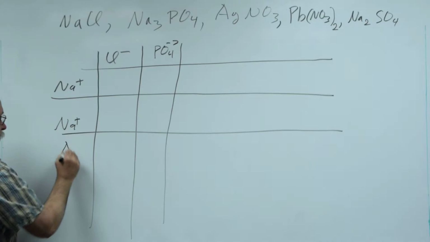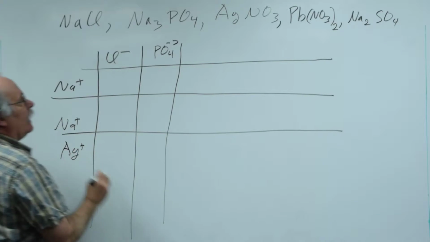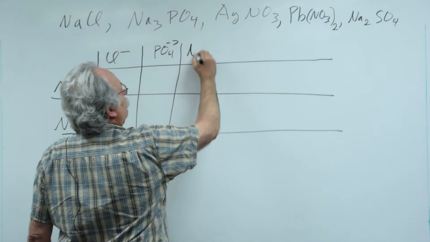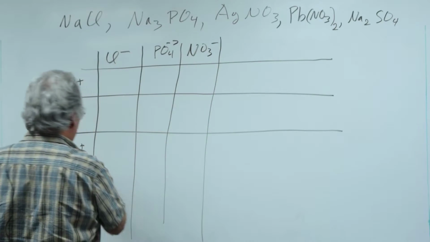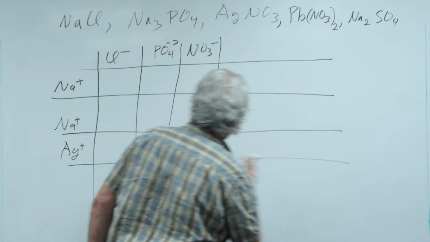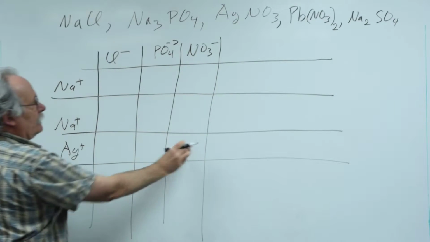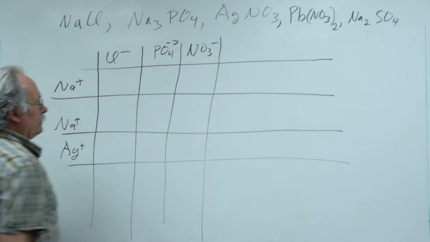Now I'm going to put silver here, and I'm going to put nitrate here, draw my lines, and this cell in the diagonal is my reactant, silver nitrate.